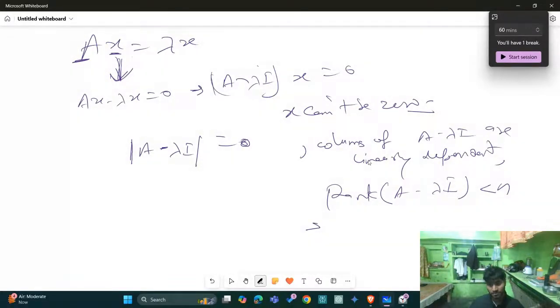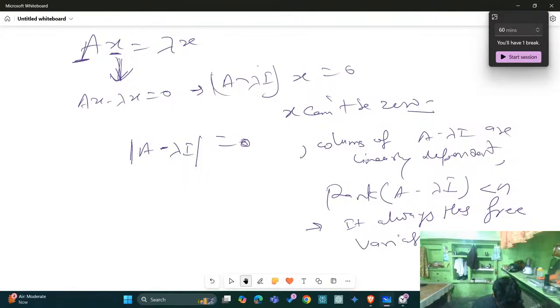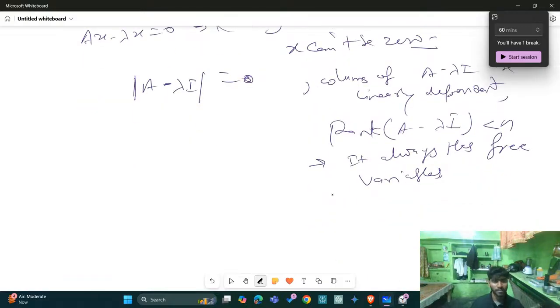So it means it always has free variables, right. So by solving this we can do det of A minus lambda I equal to 0.